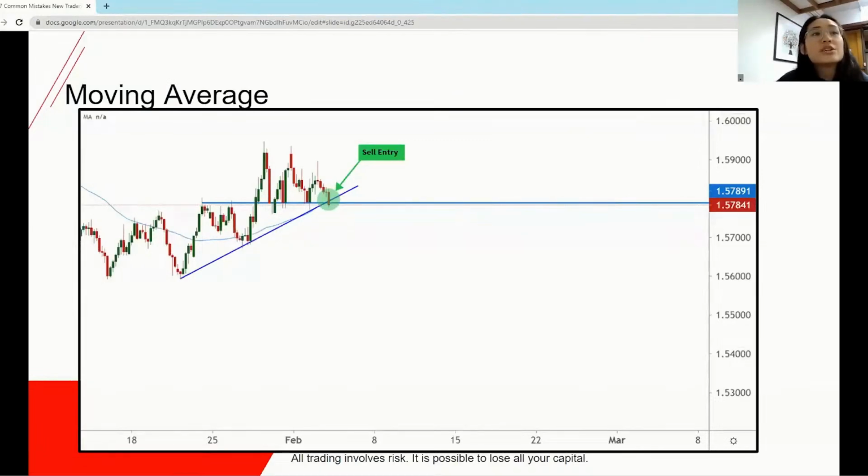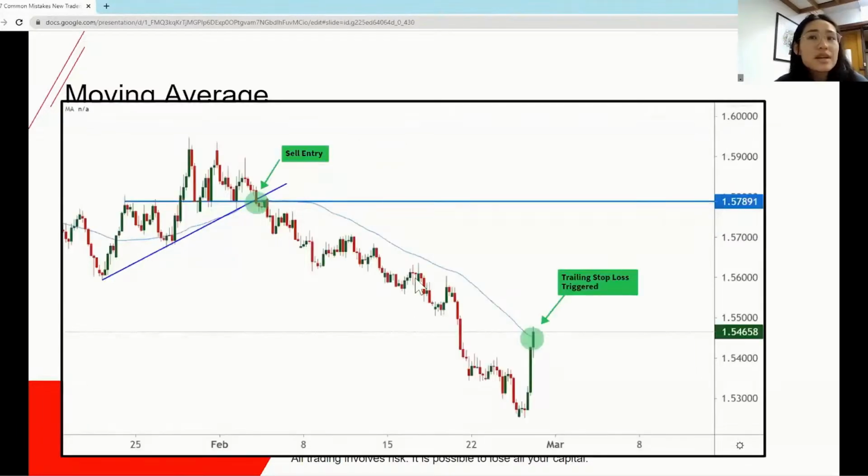So here is an example of using the moving average trailing stop loss. So the sell entry is over here at our green highlighted circle. And you can see our trailing stop loss is triggered once price hits our moving average indicator.